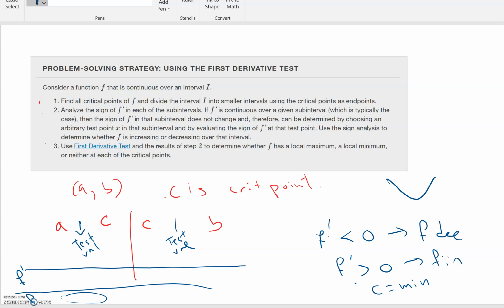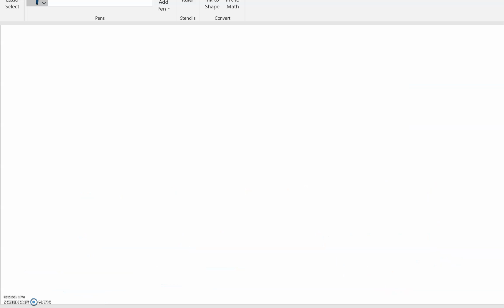Okay, so that's a review of what we did up till now. But where we're going from here is, we've talked about turning points, which are another name for maxes and mins, local and absolute.